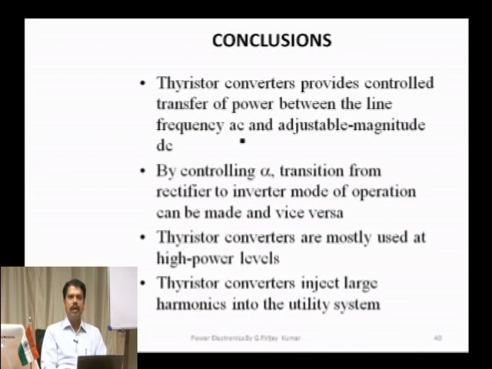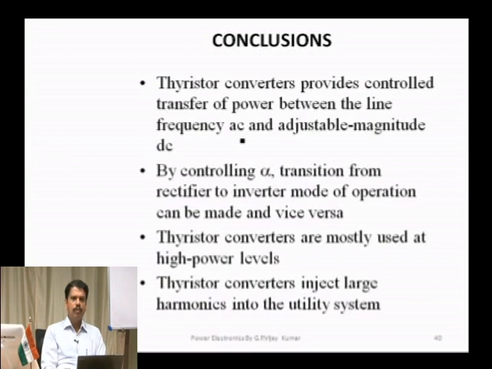The applications already told you: traction system using DC, HVDC, textile, paper mills, portable devices, variable supply. By controlling alpha, the transition from rectifier into inverter mode of operation can be made and vice versa.